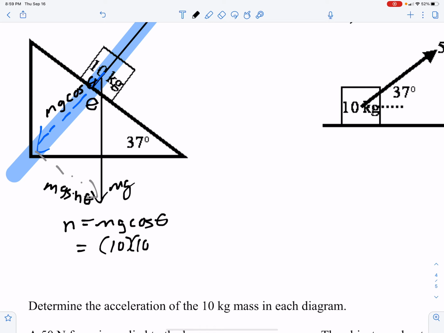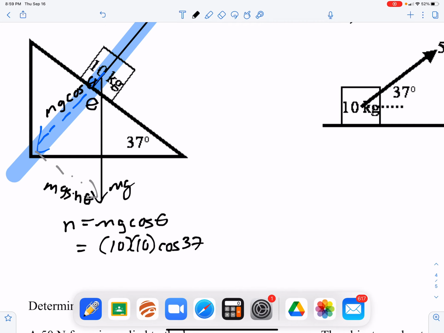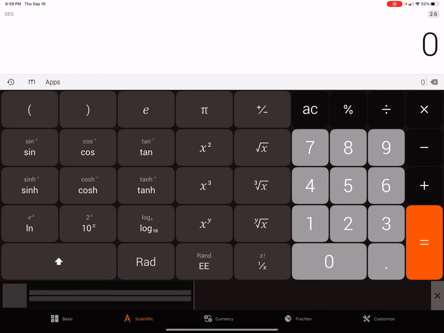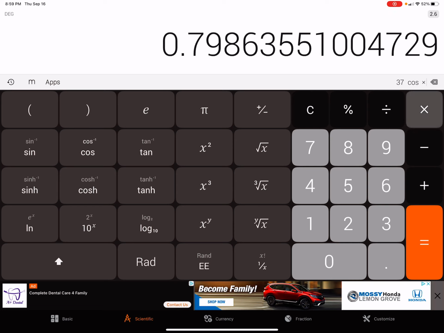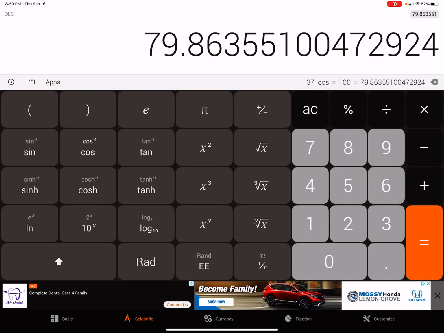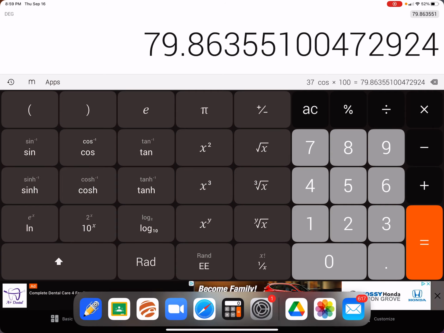So 10 times 10 times the cosine of 37. Cosine times 100, we can round that up to 80.